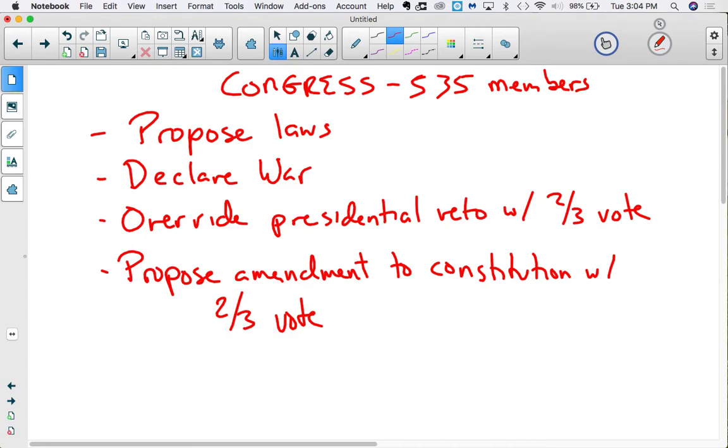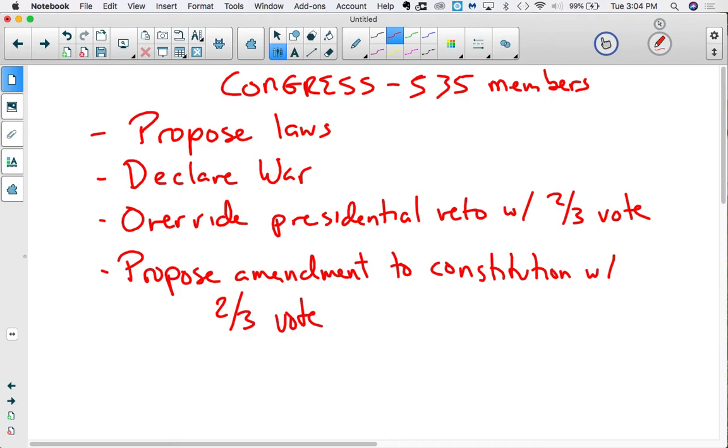Now, imagine Congress agreeing on something where 2/3 of them would agree. It's hard to fathom, right? This is why changing the Constitution is so challenging. Questions about that?